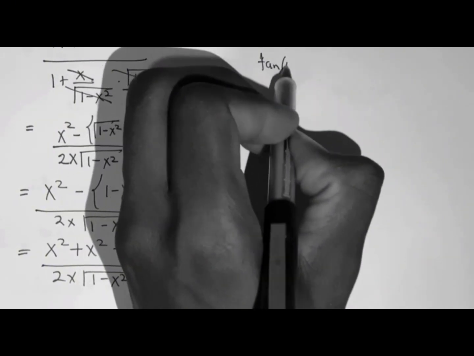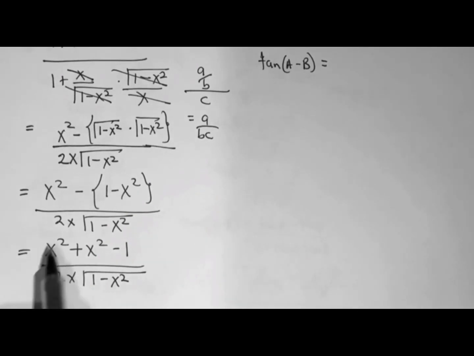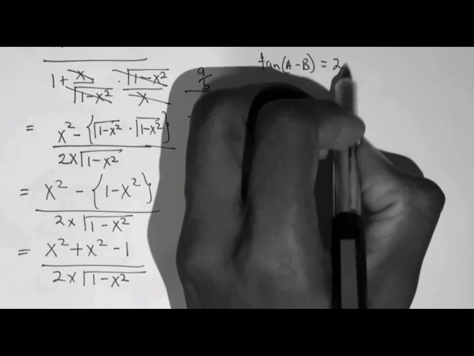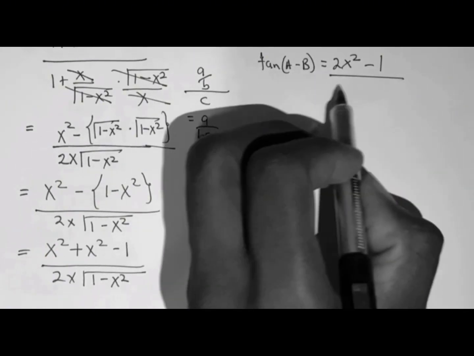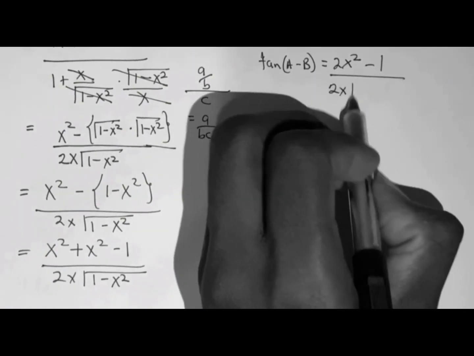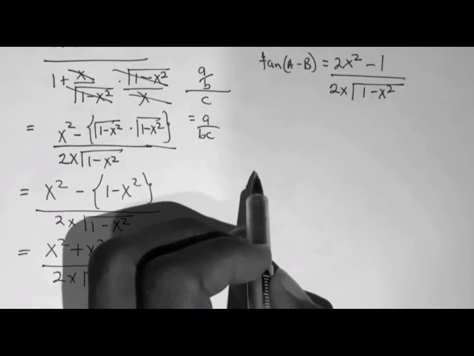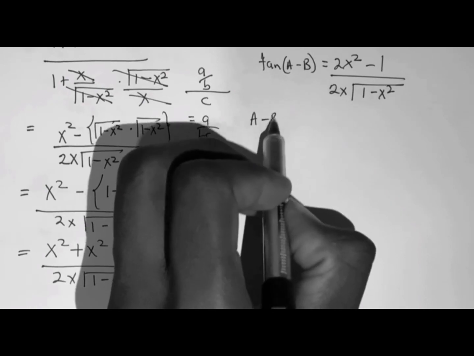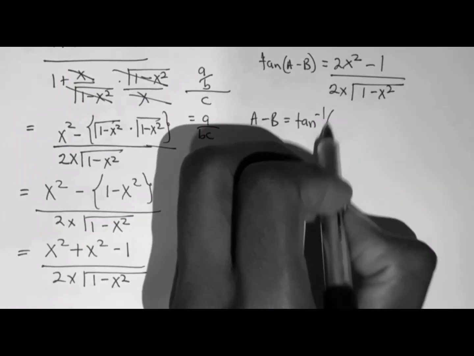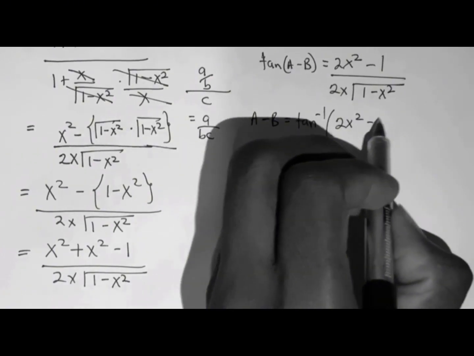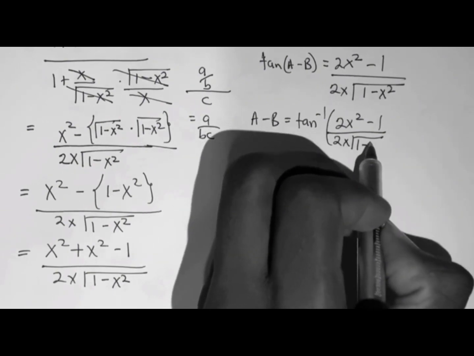So now tan of a minus b is equal to x squared plus x squared, which is 2x squared, then minus 1 divided by 2x times square root of 1 minus x squared. So a minus b is equal to tan inverse of, in brackets, 2x squared minus 1 divided by 2x times square root of 1 minus x squared.